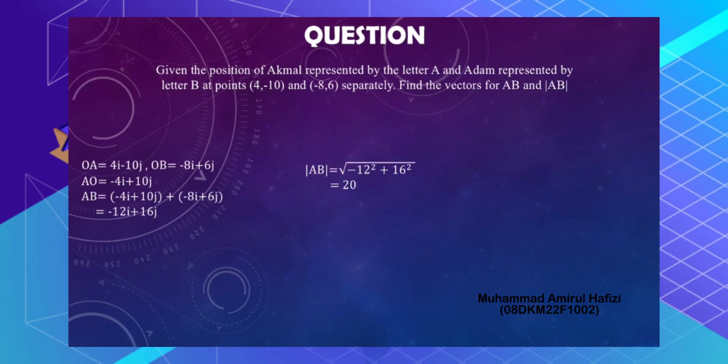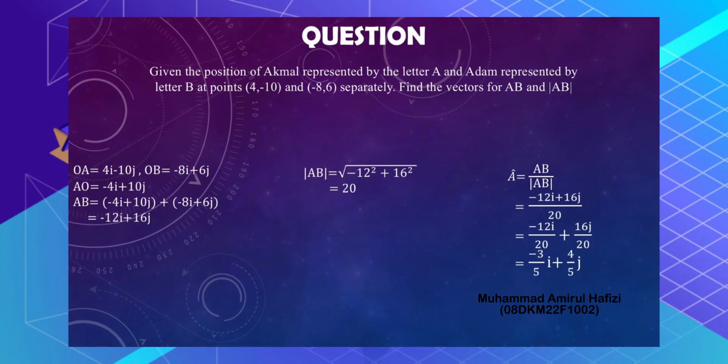Now, let's find magnitude AB. Magnitude AB equals square root of -12 squared plus 16 squared, which equals 20. Now, let's find the unit vector.